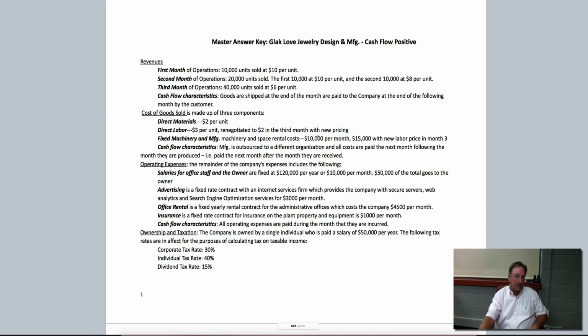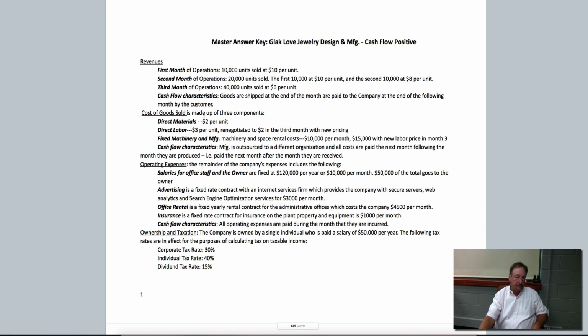We're going to pay $10,000 a month whether we sell a unit or not. We're going to pay our $10,000 a month for all of our salaries, whether we sell a unit or not. The same thing for advertising, office rent, insurance. So what we're looking for are those costs that are directly associated with the unit. Well, that is $2 per unit and $3 a unit.